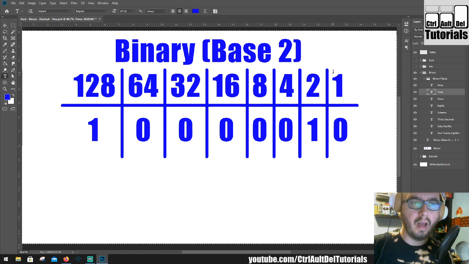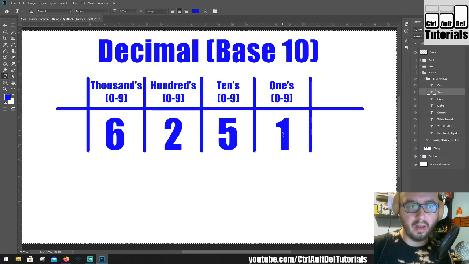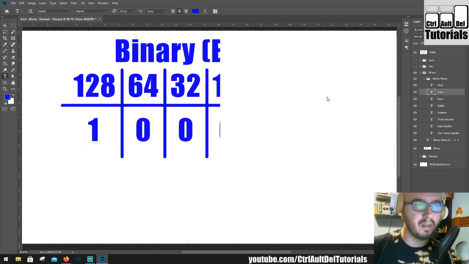I add up my place value numbers, basically meaning if I have a 1 in any of these place values, I have that number. If I have a 0, I don't have that number. Just like when we were talking about decimal. If I have a 1, I have 1 one. If I have a 9 here, that's 9 ones. But binary doesn't allow 9s, because it's only 0s and 1s.